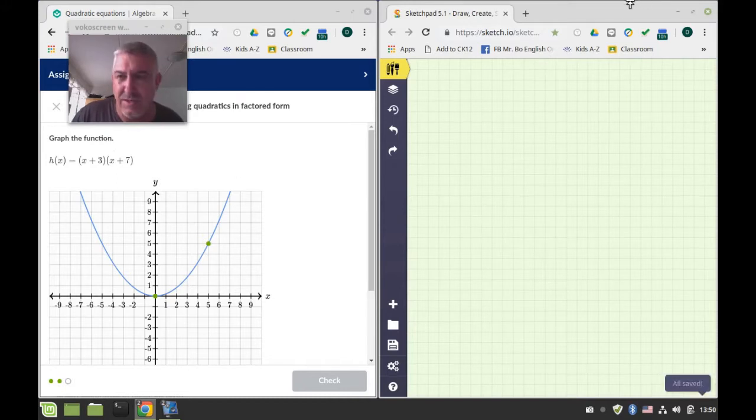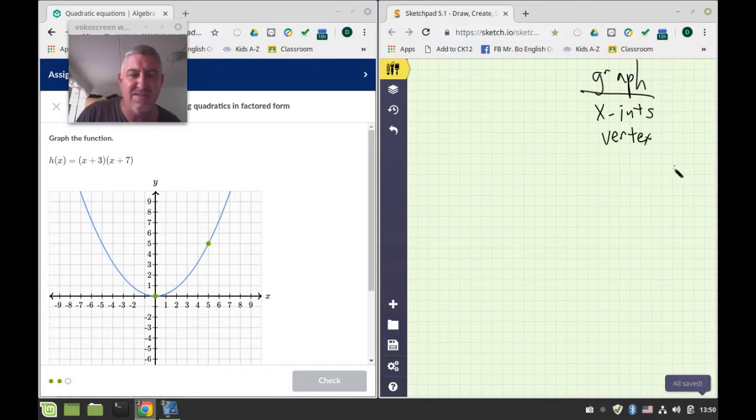So if I want to graph a function, graph a parabola, I need some things. Okay, I really need 3 points. I need x-intercepts, and I need the vertex. And if I have those 3 points, then I can kind of sketch what the parabola is going to look like.